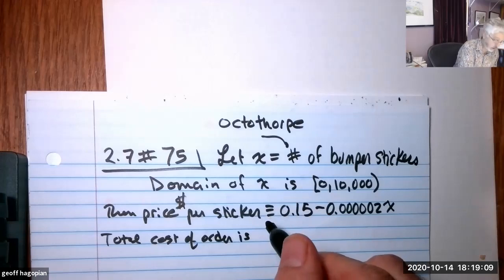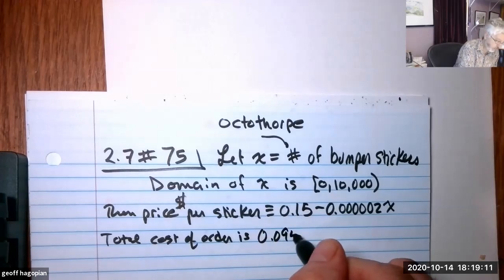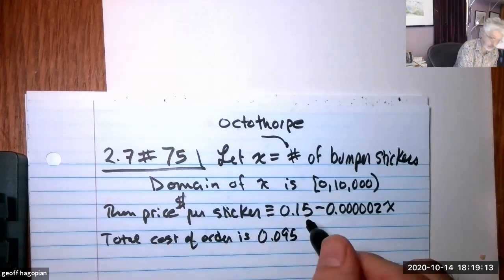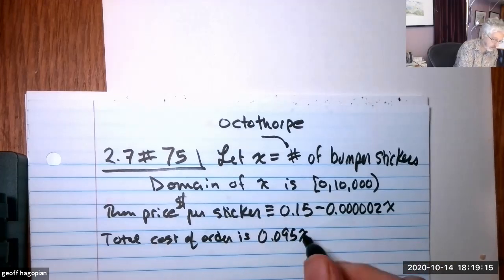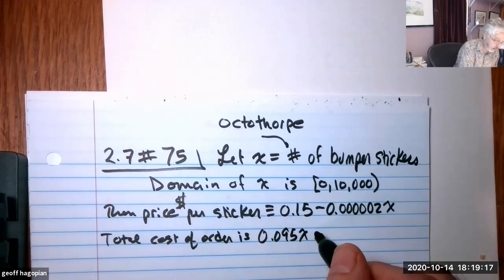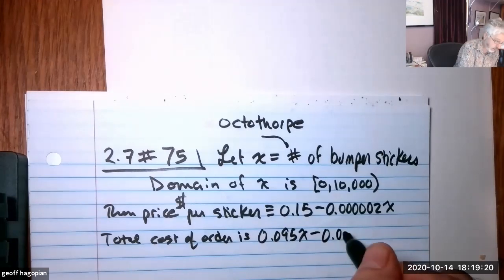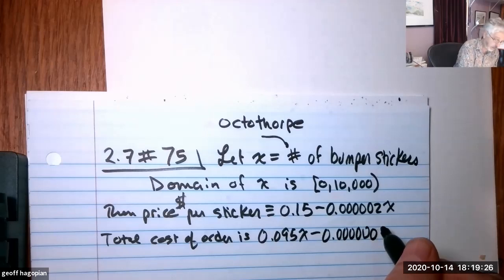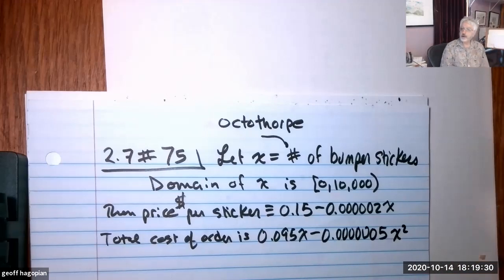So that's going to be 0.095x, where X is the number of bumper stickers produced, minus, here we got tenths, hundredths, thousandths, ten-thousandths, hundred-thousandths, millionths, and finally in the ten-millionths place, there's a 5. And we got X squared, okay?